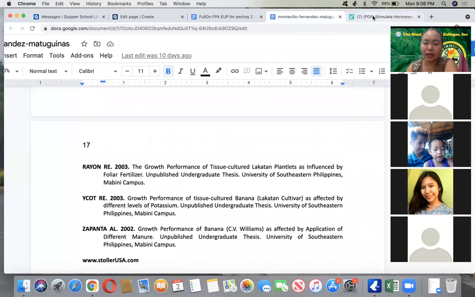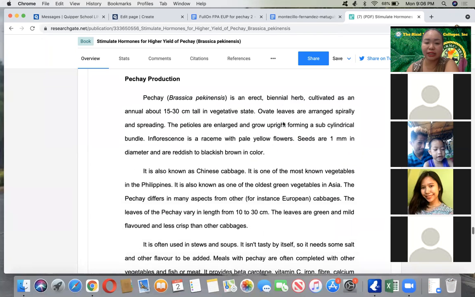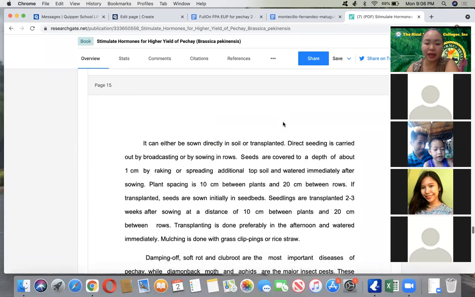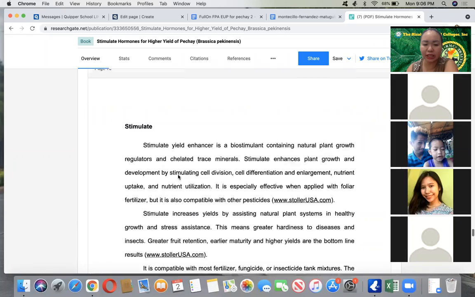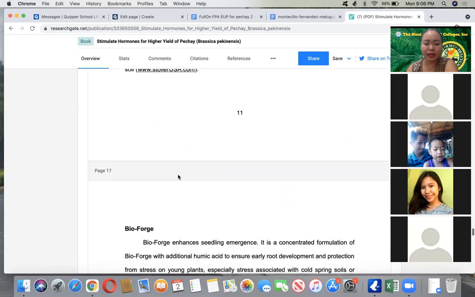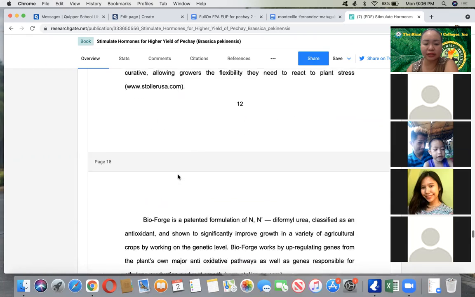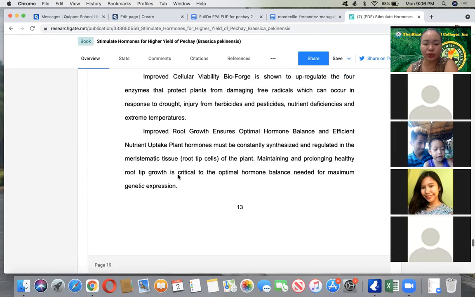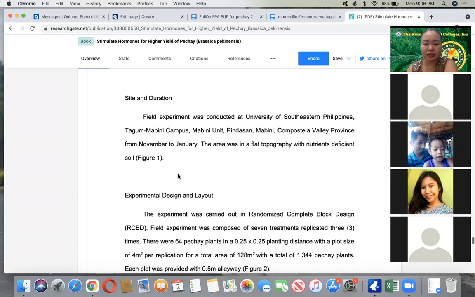So the review of literature is embedded in the introduction, which, as you can see here, is very long, and has subtopics about petchy, stimulate, and also bioforge. So these are the fertilizers or the stimulants that you are using in the study, and the methodology.